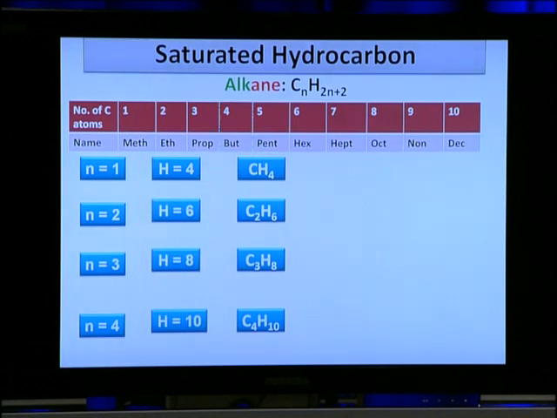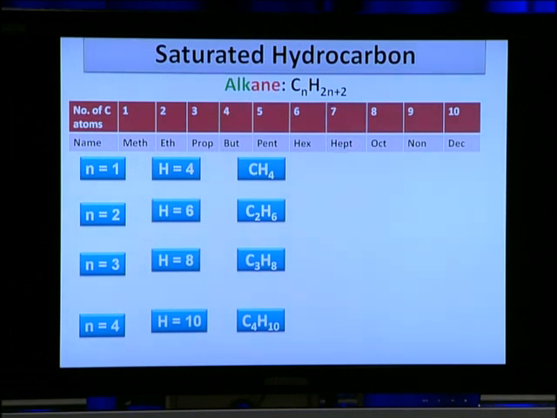And when the number of carbon atoms is 5, we name the compound as pent. Remember, pent is given as a prefix. When the number of carbon atoms is 6, we give the prefix as hex. And when the number of carbon atoms is 7, we give the prefix as hept.